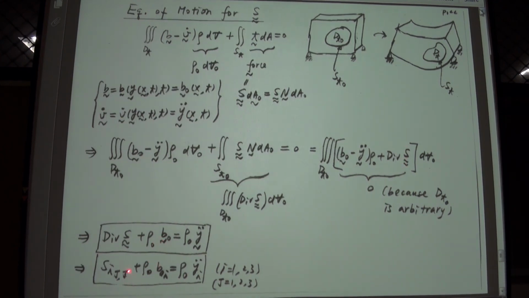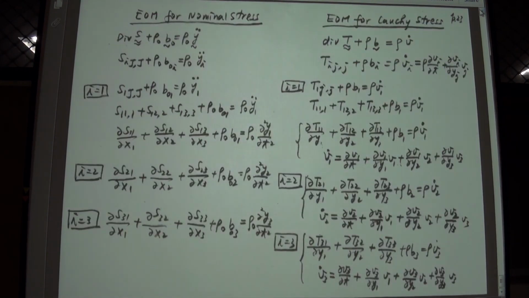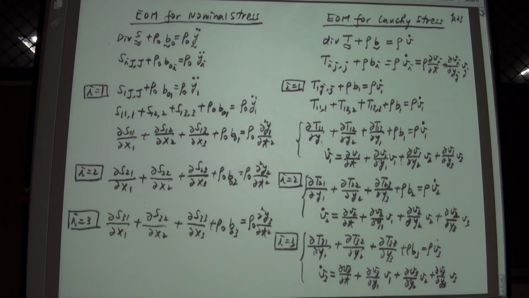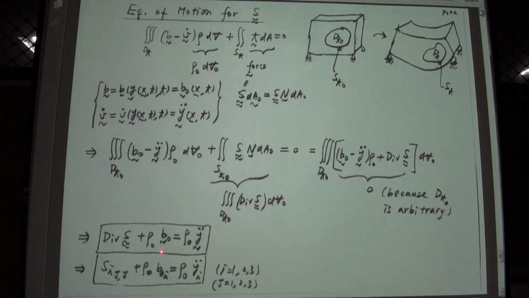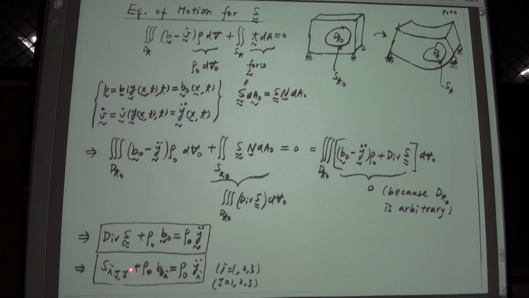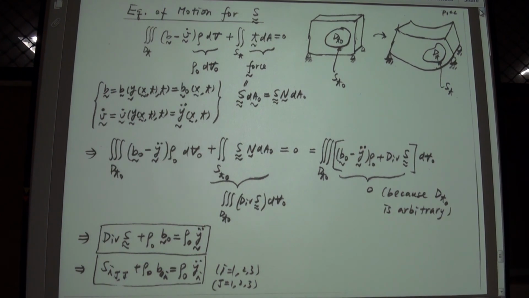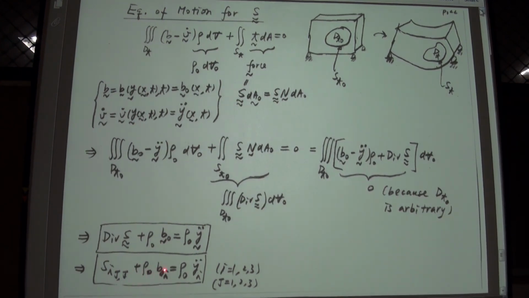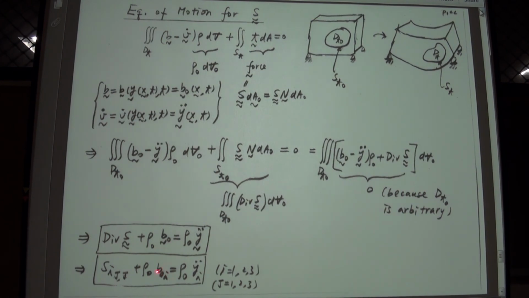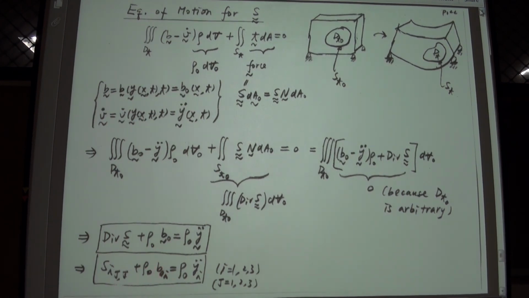In index notation we have this, and we can also have the full expression like this. This is the governing equation of the equation of motion of the nominal stress. We can use this nominal stress and its governing equation to solve some mechanical problems.